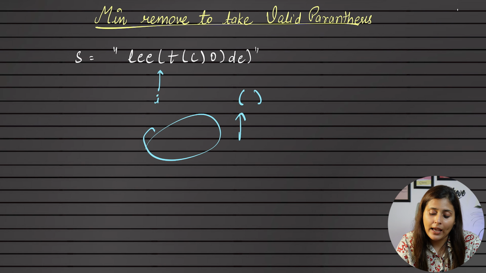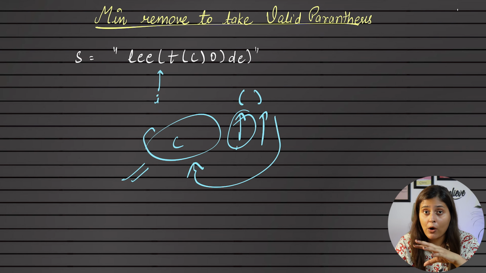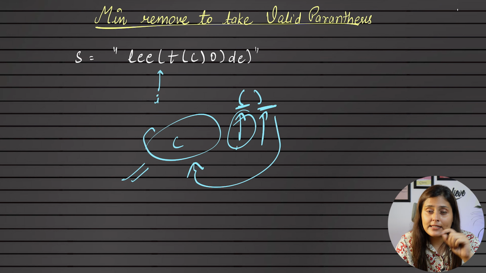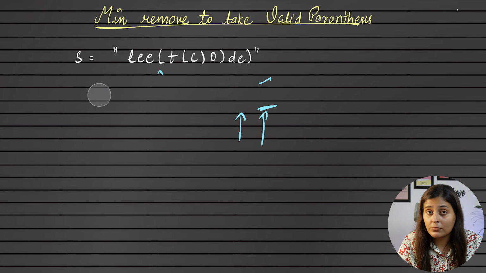Let's say open, okay, and now when I find a closing bracket, I will go there and check in the stored location, hey, did I save the open previously? Because now I have found a closing bracket, and if so, it means this open and close bracket are at their correct location and they are valid, and hence these brackets need to be added to our output string. I can say so. Okay, we got something though.